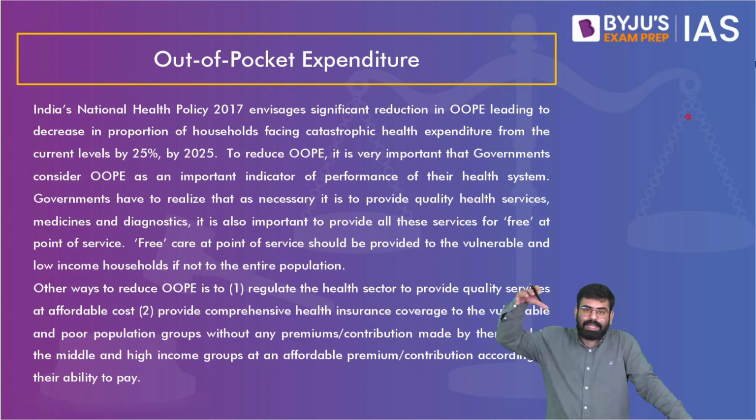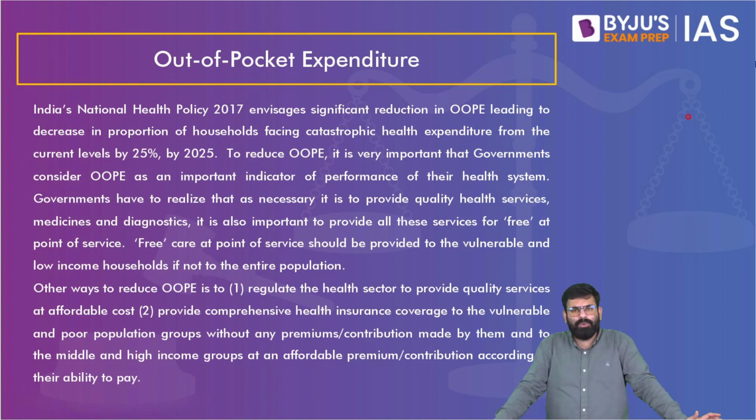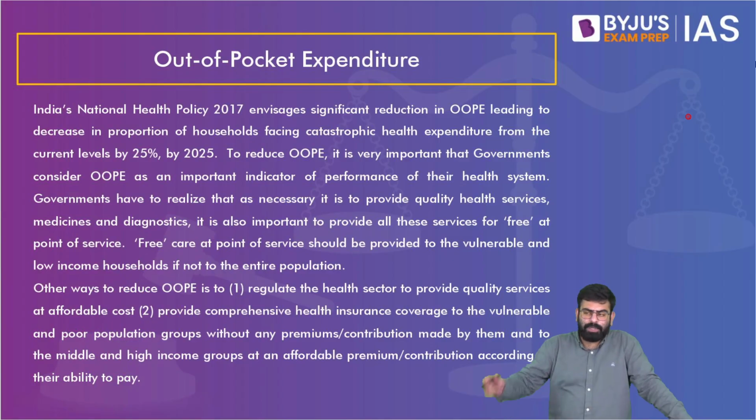Why not keep a cap or ceiling on the amount that they can charge for a particular service? If you remember, this was something that happened during the COVID pandemic, that ultimately the government had to intervene and put a cap on the amount that they can charge you for the COVID treatment. So one idea is that.